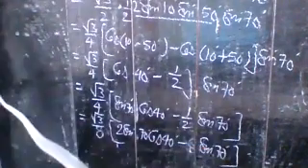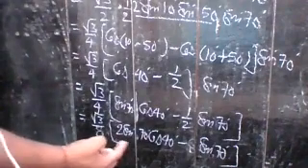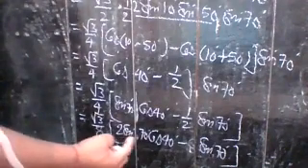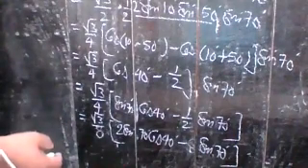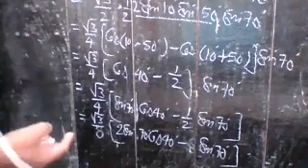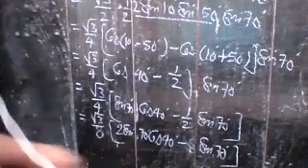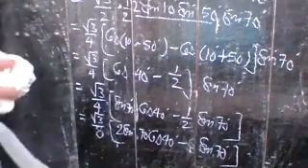Understand? So you have the term like that. Now again you apply the identity of 2 sine x cos y, and 2 sine x cos y is equal to sine x plus y plus sine x minus y. So applying it.